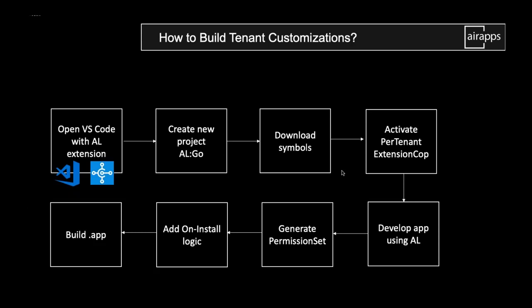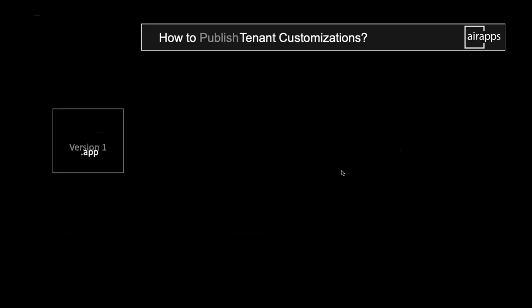So when you will have an app file, it will have version number 1 or 001 or whatever, but it will be the first version. So how will you publish this app to a tenant?